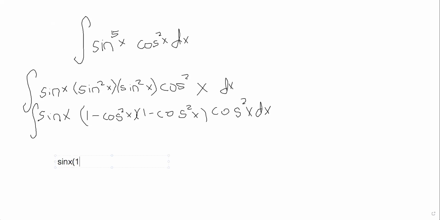So we're going to get 1 minus 2 cosine squared x. And I'll put the exponent in a little bit later. And then that would be plus cosine to the 4th power of x. So we have all of that times cosine squared x.